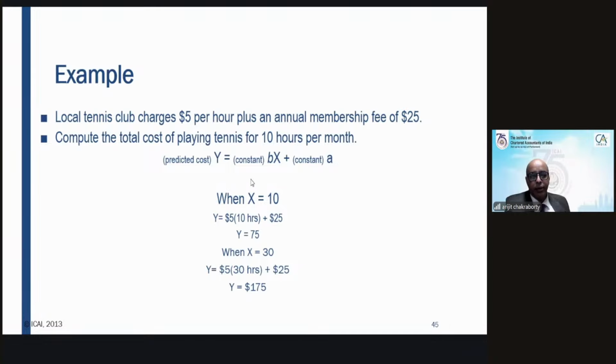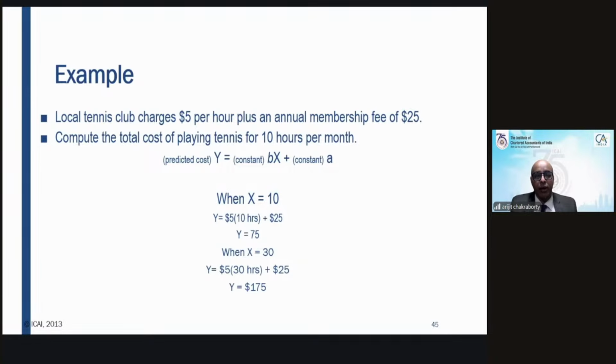So here the charges are $5 per hour, the annual fee is 25. So 25 is more like a fixed cost, a constant. So here a is 25, b is the slope, that is, the rate. So here b is 5.